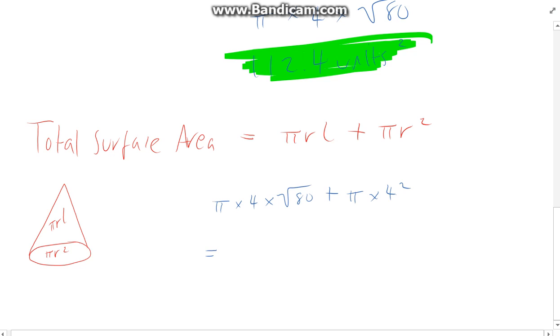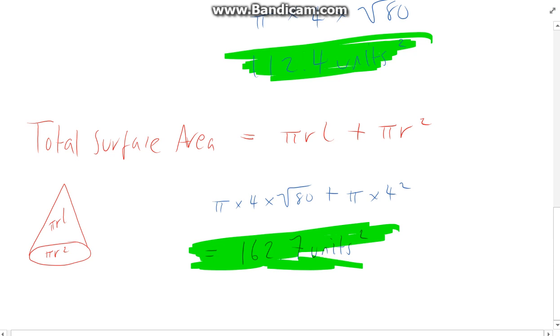You'll input that all into your calculator, and to one decimal place again, it's 162.7 units squared, again as it's area. And that's pretty much it. Those are your simple questions on cones. They literally ask you to find the volume, find the curved surface area, or find the total surface area.